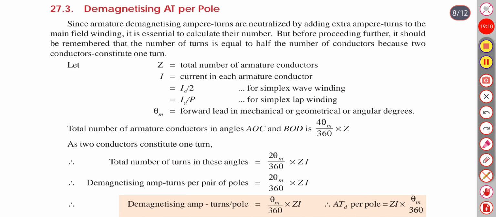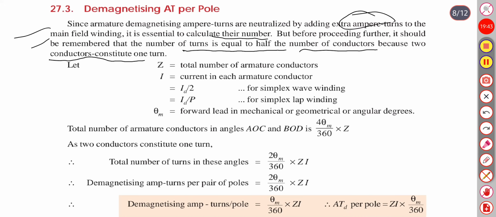Now we will calculate the demagnetizing ampere turns per pole. Since armature demagnetizing ampere turns are neutralized by adding extra ampere turns to the main field winding, it is essential to calculate their number. But before proceeding further, it should be remembered that the number of turns is equal to half the number of conductors, because two conductors constitute one turn.